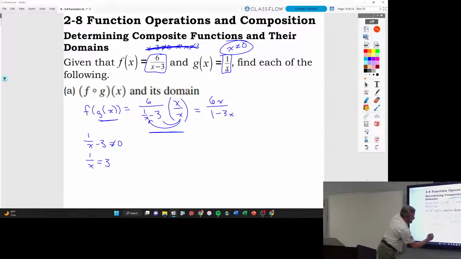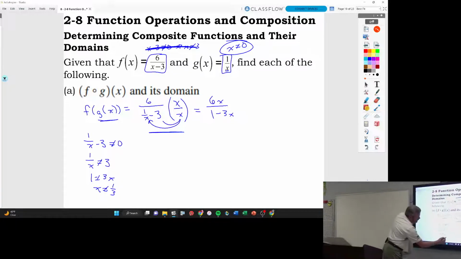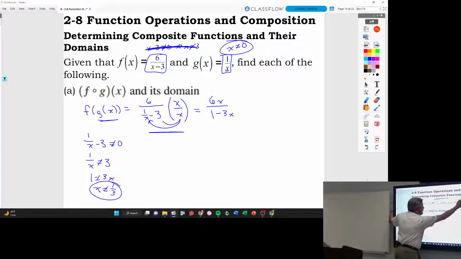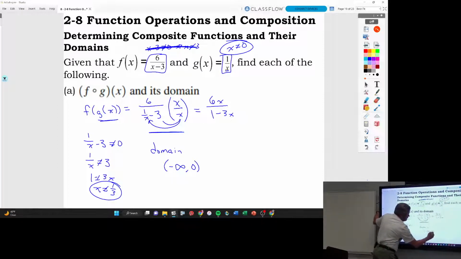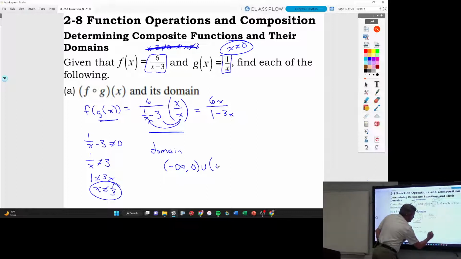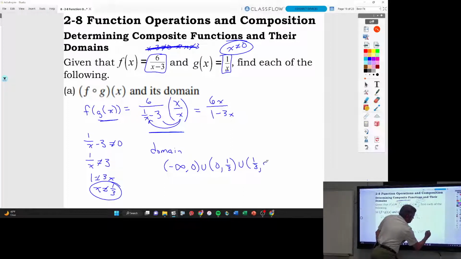Multiply both sides by x. 1 can't be 3x, so x can't be 1/3. And so x can't be 1/3 and it can't be 0. So the domain for this guy is from negative infinity to 0, union 0 to 1/3, union 1/3 to infinity.